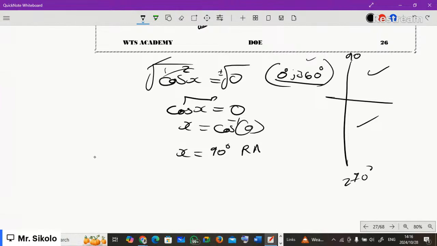Are we together? Or 360 minus 90 will give us 270. But quadrant is 2, so is over 360, 270, because it has to be on this line, 90 no 270.